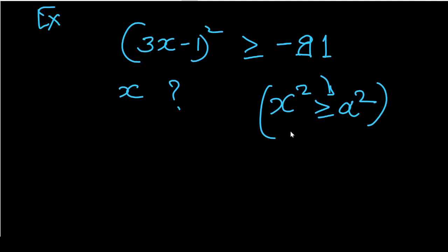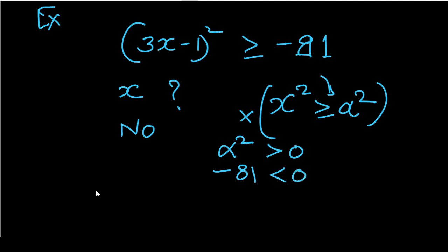So answer is yes or no? So yes, guys, the answer is no, we cannot use this. Why? Because alpha square is a positive quantity but minus 81 is a negative quantity. So for this formula we cannot use it.